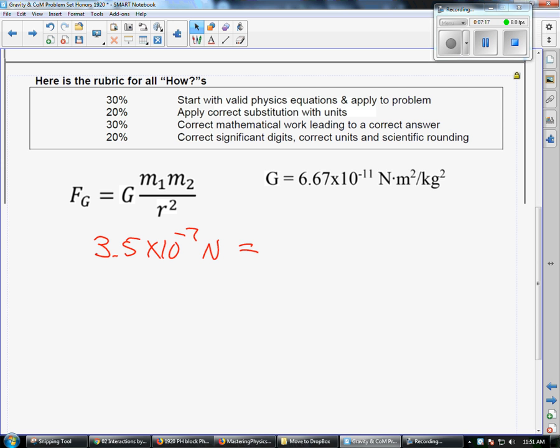I'll tell you, those type of numbers are going to cause some people to screw up because they don't know how to use their calculator. They don't know how to use the exponent key. If you don't know how to use the exponent key, or I call it the EE key, on your calculator, find someone who does, find me. Learn how to use it, because you can cause all sorts of problems if you don't.